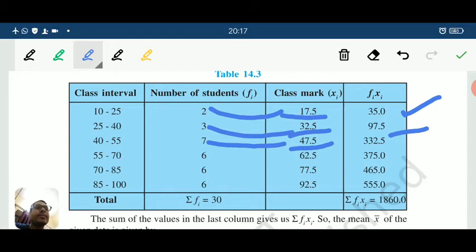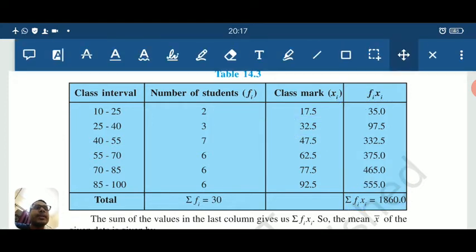So this way we have to find the value of fi xi. And then, as we know the formula for finding the mean, that is the summation of fi xi, that is 1860, divided by the summation of the frequencies, that is 30, and we get the value.